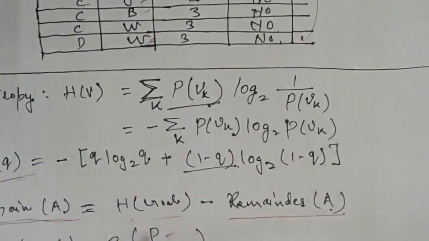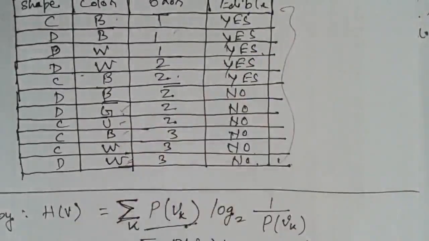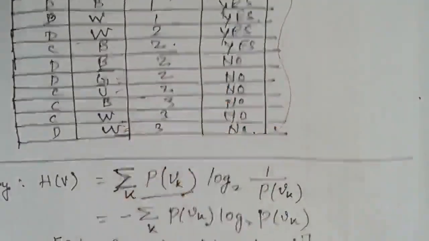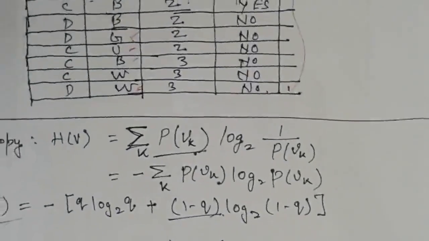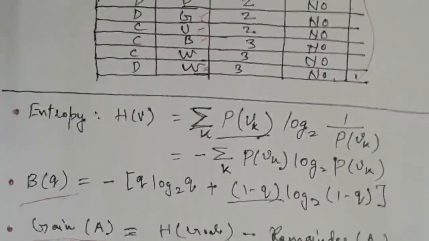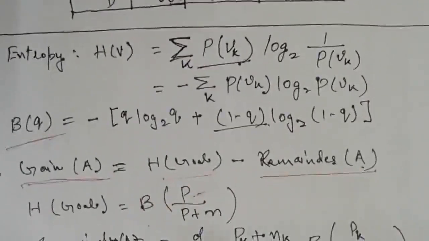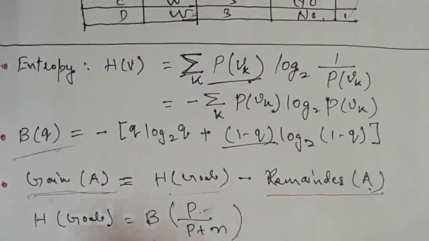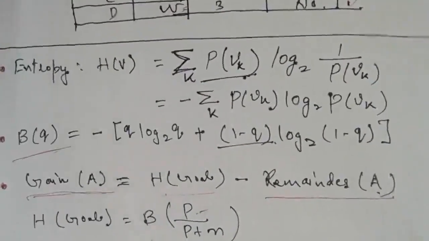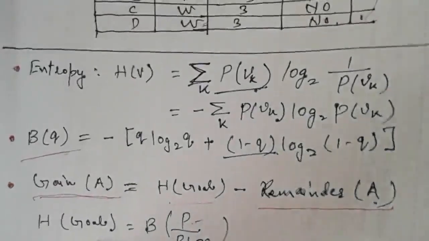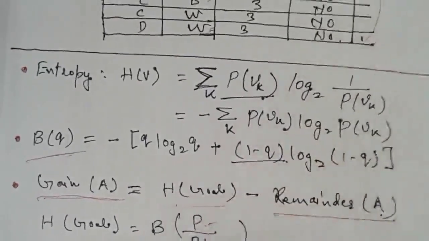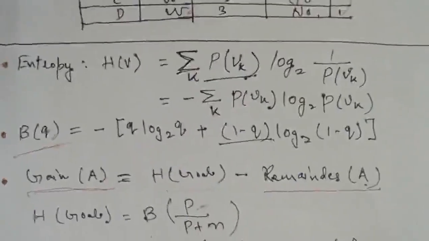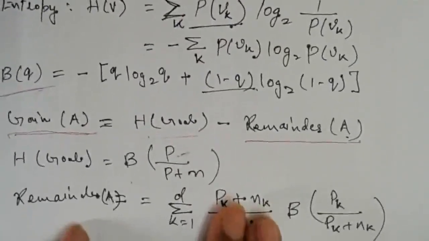So the number of yes can be the value of P and the number of no can be the value of N. So here H goal is simply B of P upon P plus N. And what will be the value of the remainder?